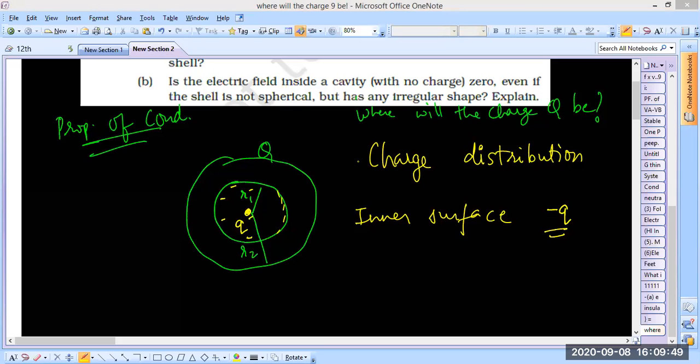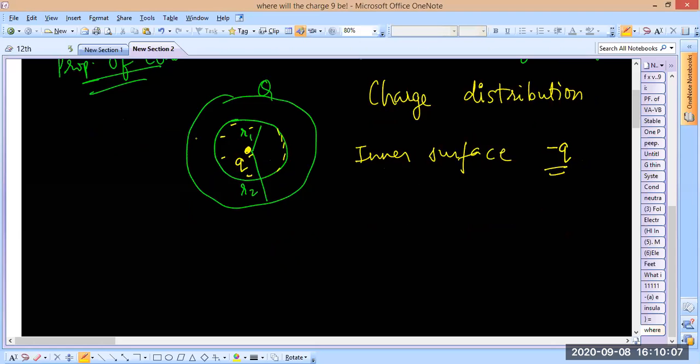Yes, Avinash. Okay, so now next question, if once you put this here, this is A part, we put this charge q here. Now how much charge will be there on the outer surface?